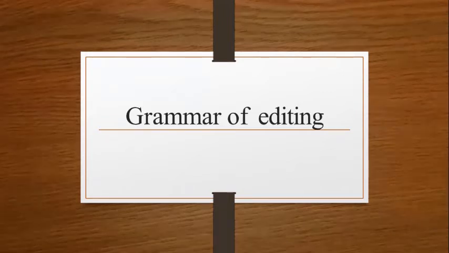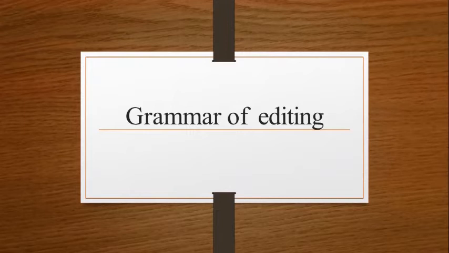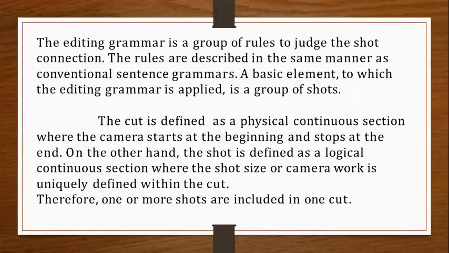Now we are going to discuss the grammar of editing. If you want to get to grips with editing, this is set down in a simple, uncomplicated way. It covers the fundamental knowledge you will need to make a good edit between two shots.